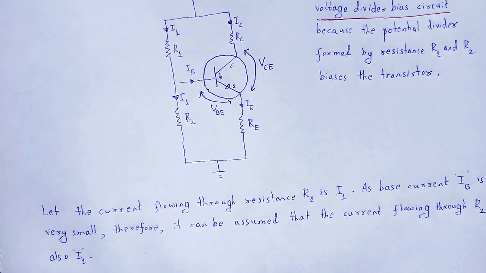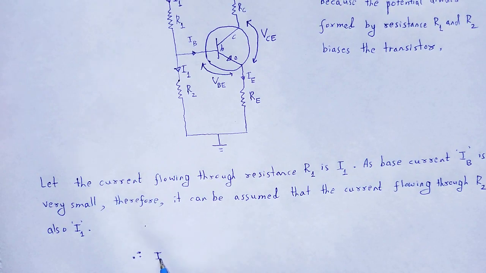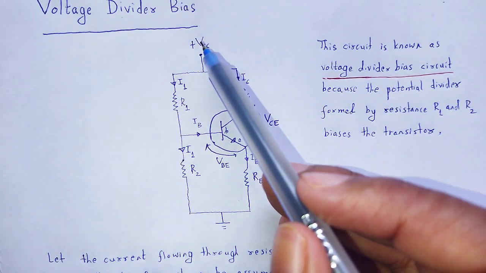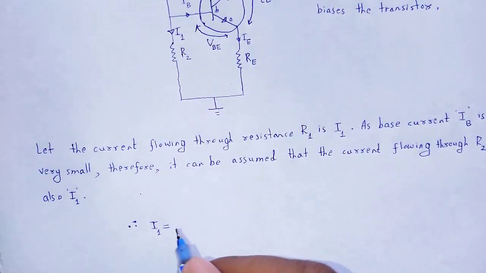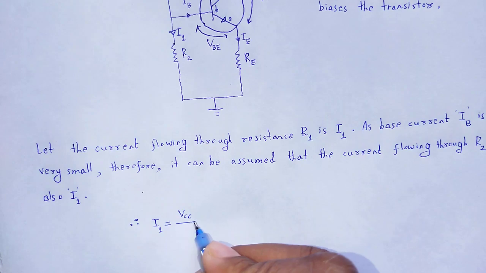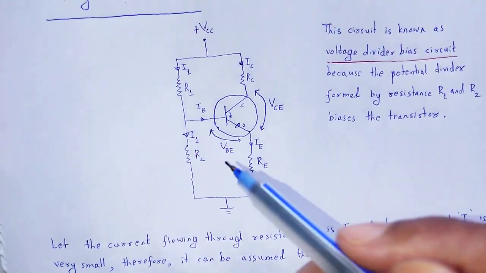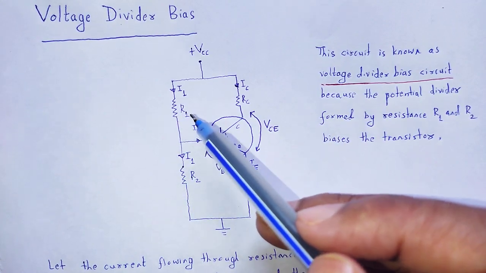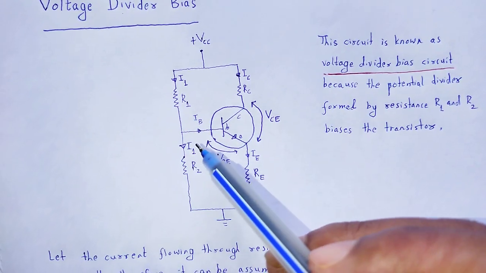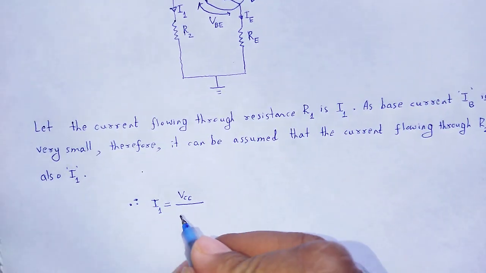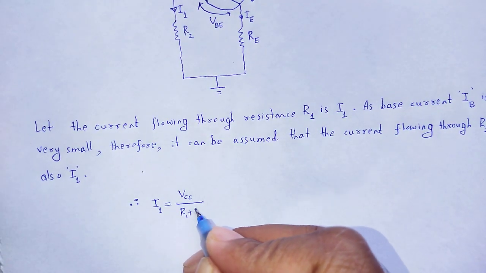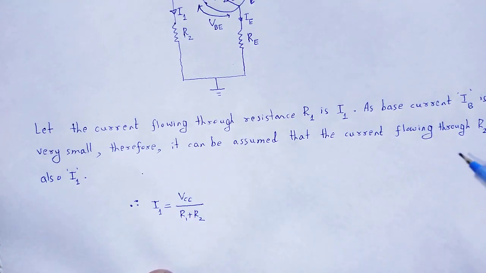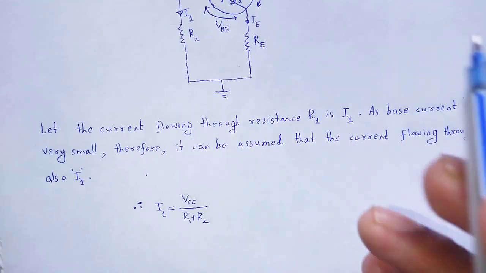Therefore, the value of I1 and the potential is the point potential VCC divided by equivalent resistance of R1 and R2. So, R1 and R2 are connected in series, so the equivalent resistance is R1 plus R2, at the amount of current along the resistor R2.